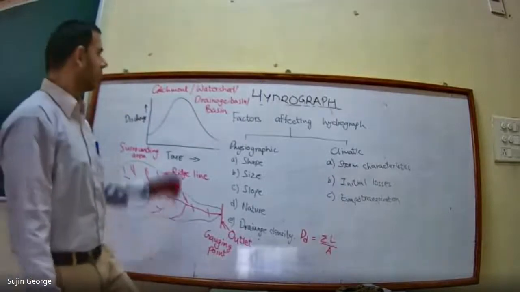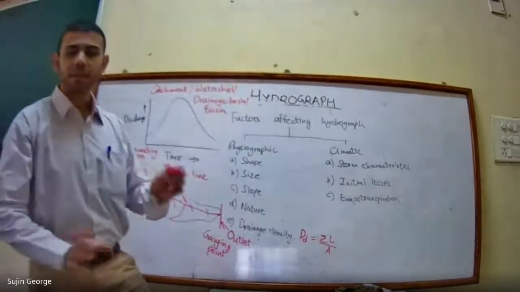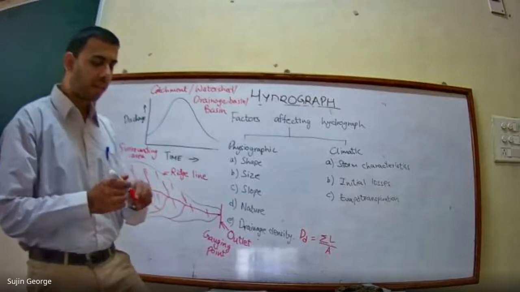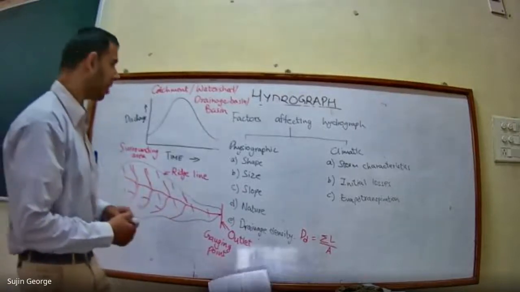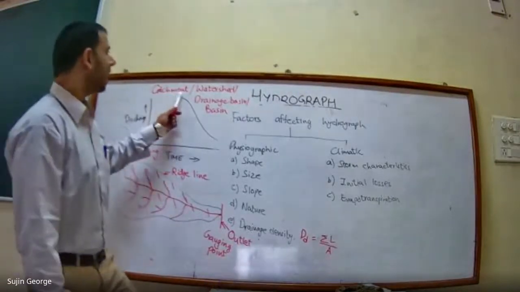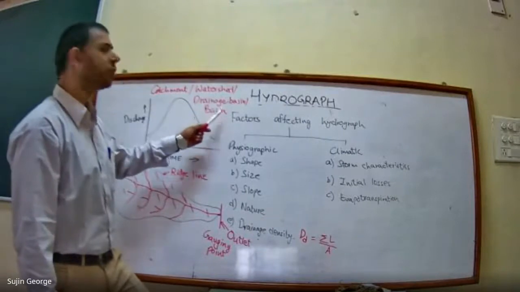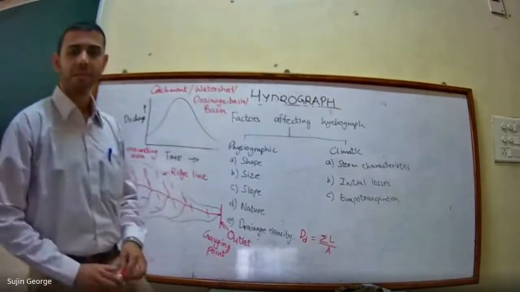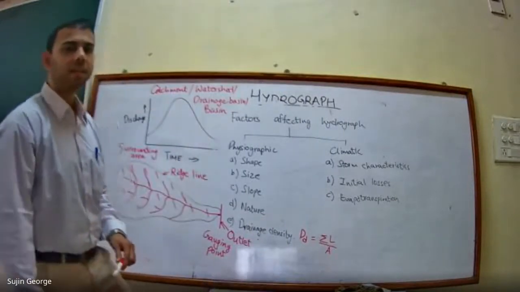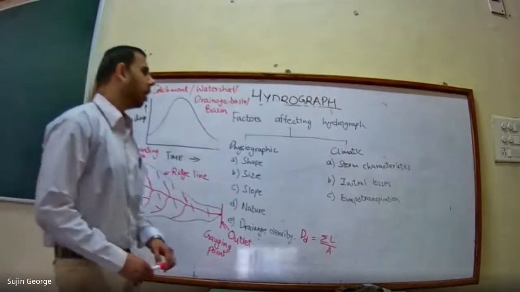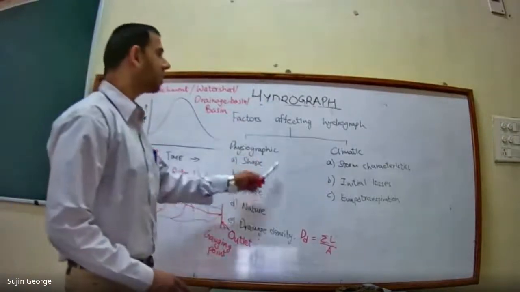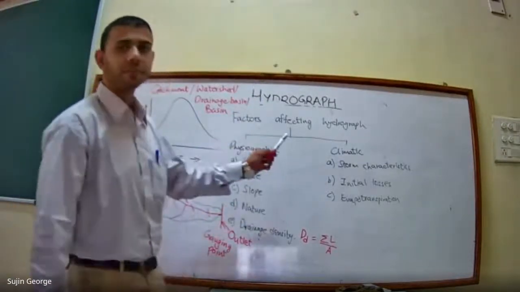These are all one and the same thing. You can call it catchment, watershed, drainage basin, or simply basin. So these are the physiographic factors which affect the hydrograph.